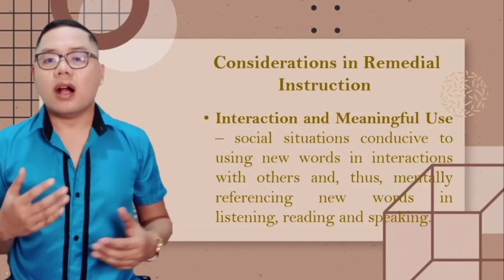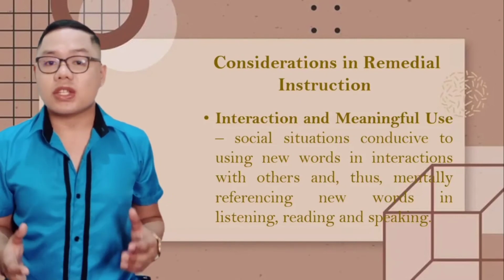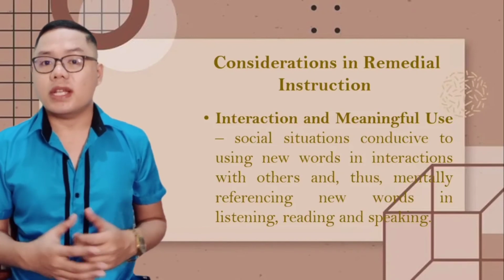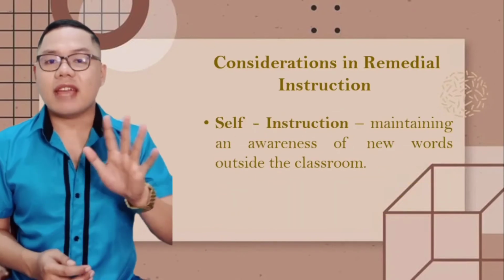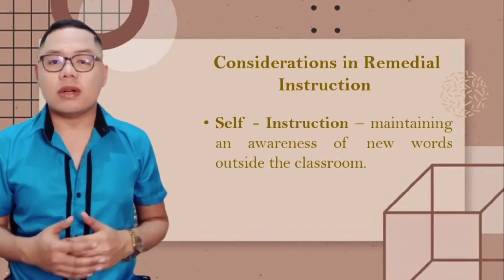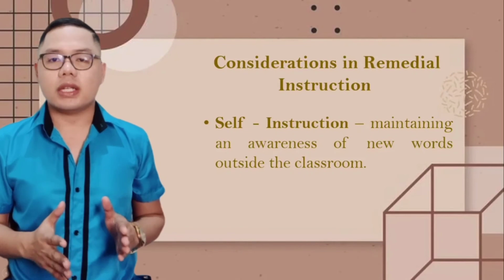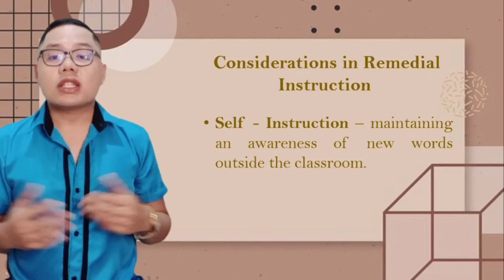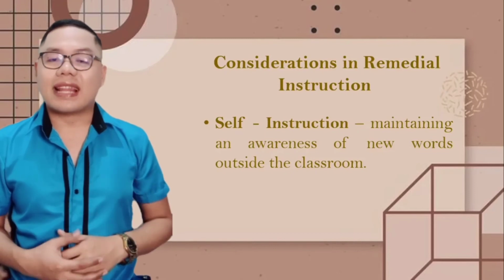So we can also learn by having conversations with someone, especially with more knowledgeable ones, right? So number 5, we have self-instruction. It is maintaining an awareness of new words outside the classroom. So learning vocabulary is not just limited to the four corners of the classroom.